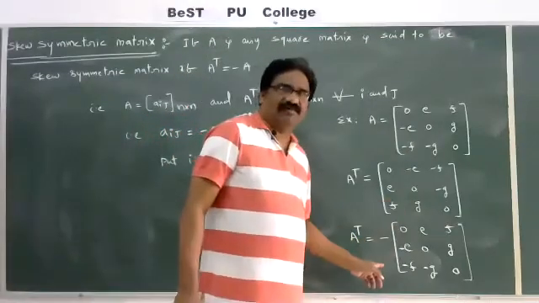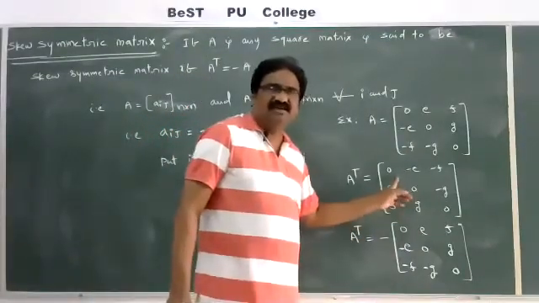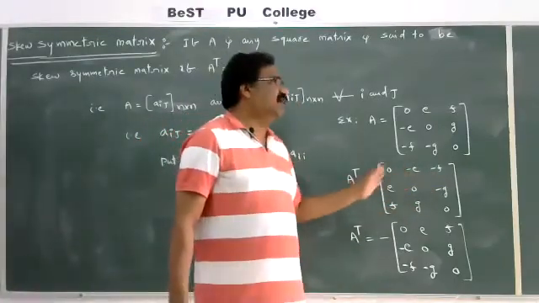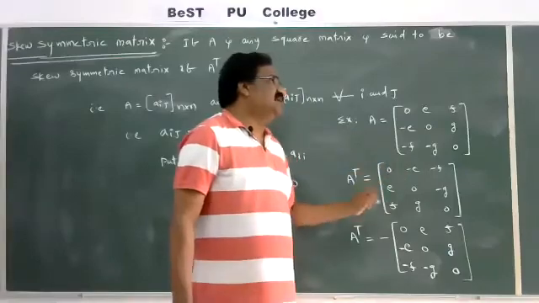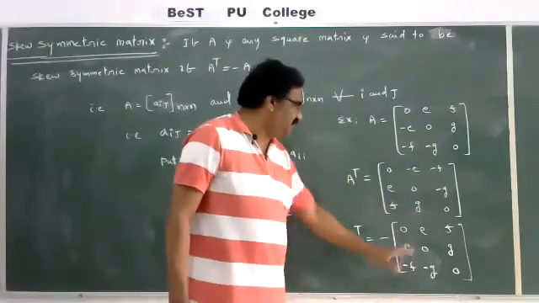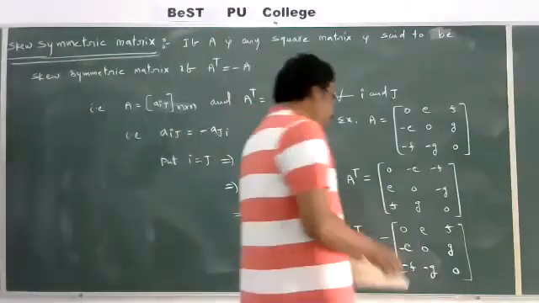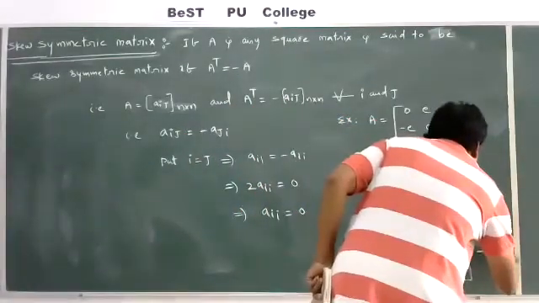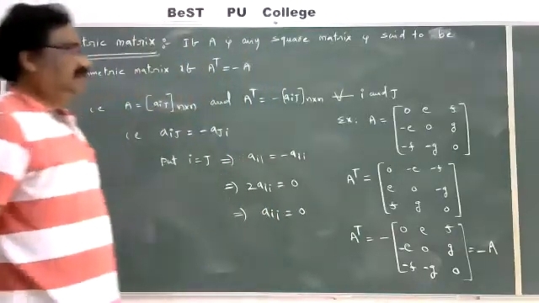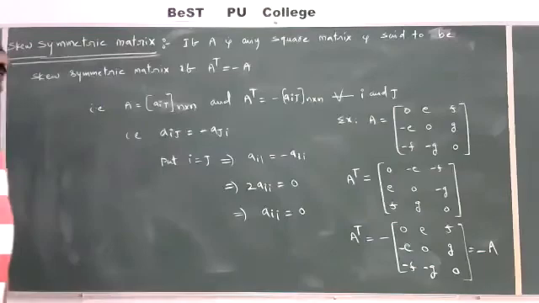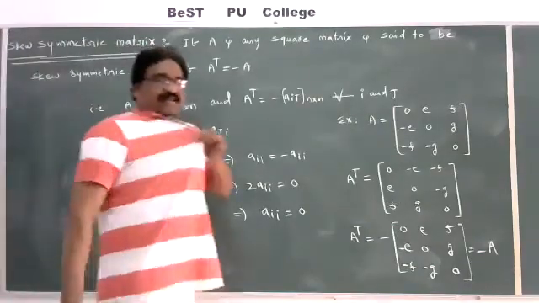Taking minus common means taking minus from every element, and then you get A again. That is equal to minus A. That's why it is called a skew symmetric matrix.